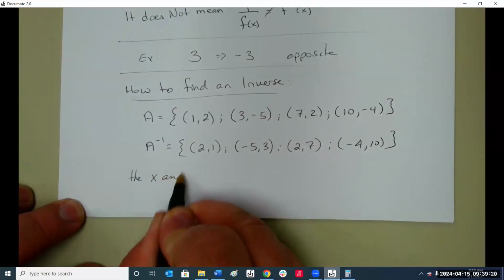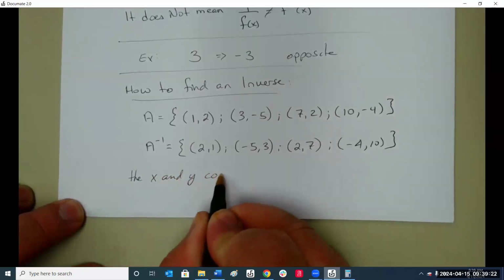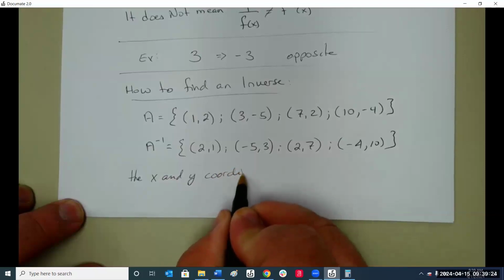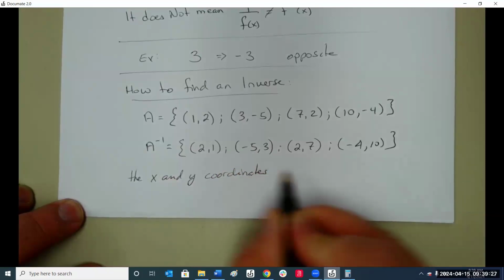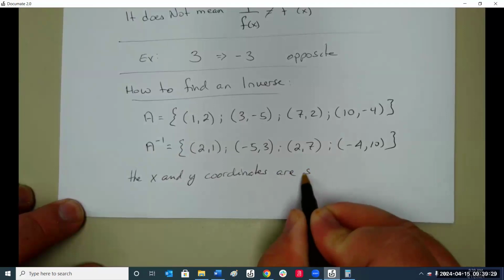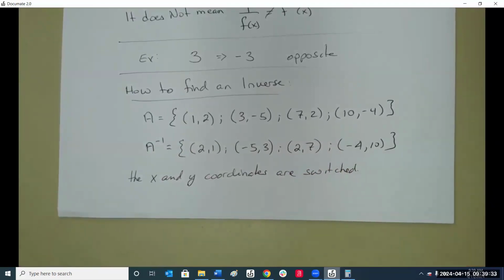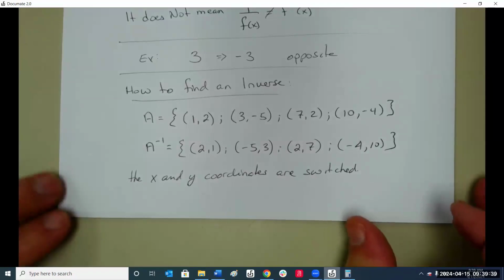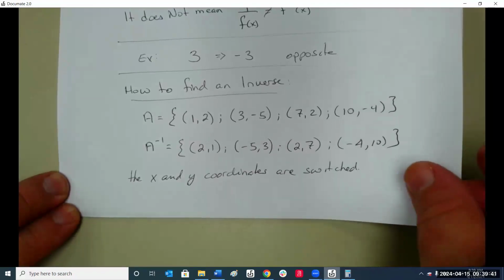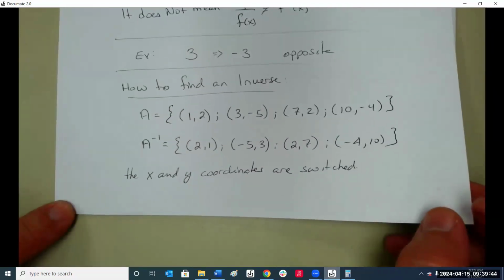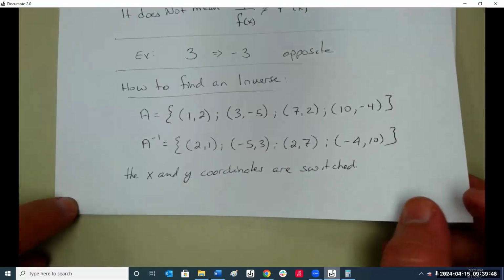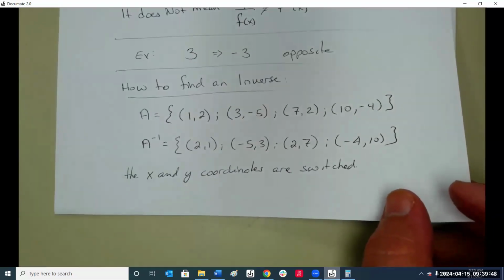The X and Y coordinates are switched. Which is how we find the inverse. We switch X and Y.